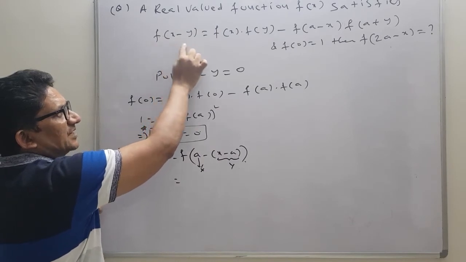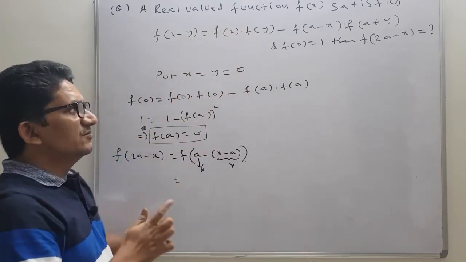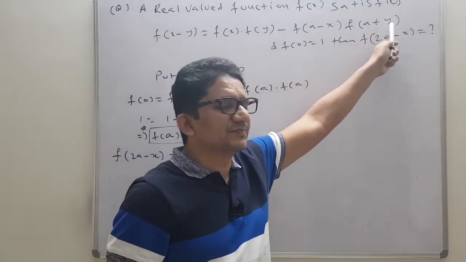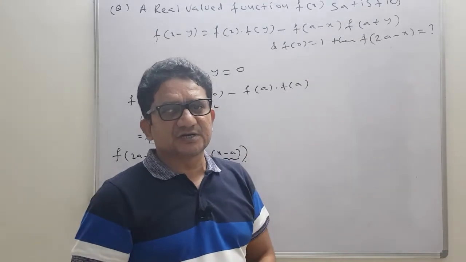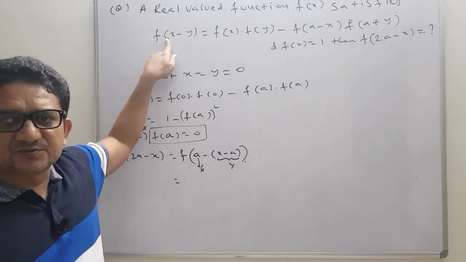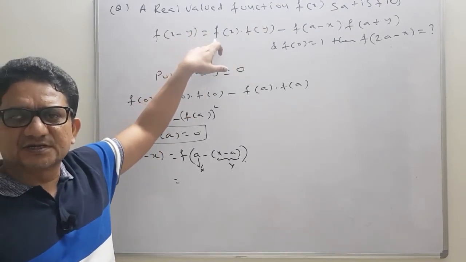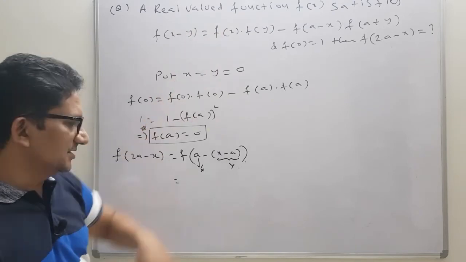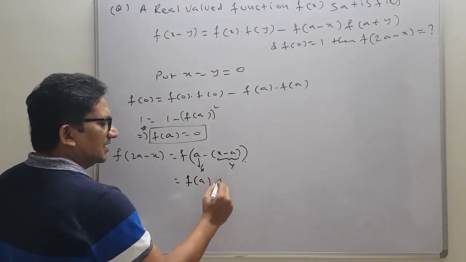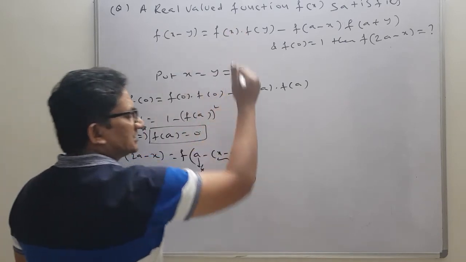F of x minus y is given as f of x into f of y minus f of some constant minus x into f of constant plus x. Pattern is important here. F of difference of two things are there means how the output is coming, f of first element into f of second element. That is, f of first element is what? A, and f of second element is what? X minus a. Next, how the structure?